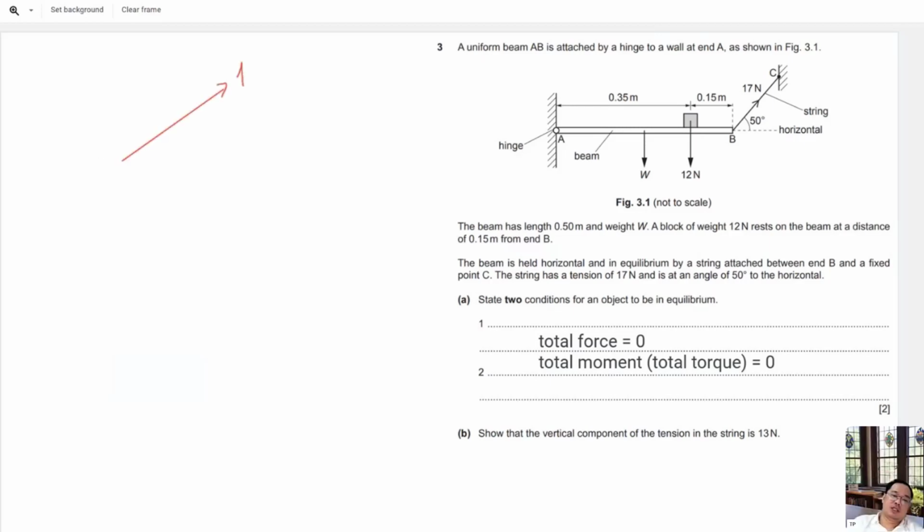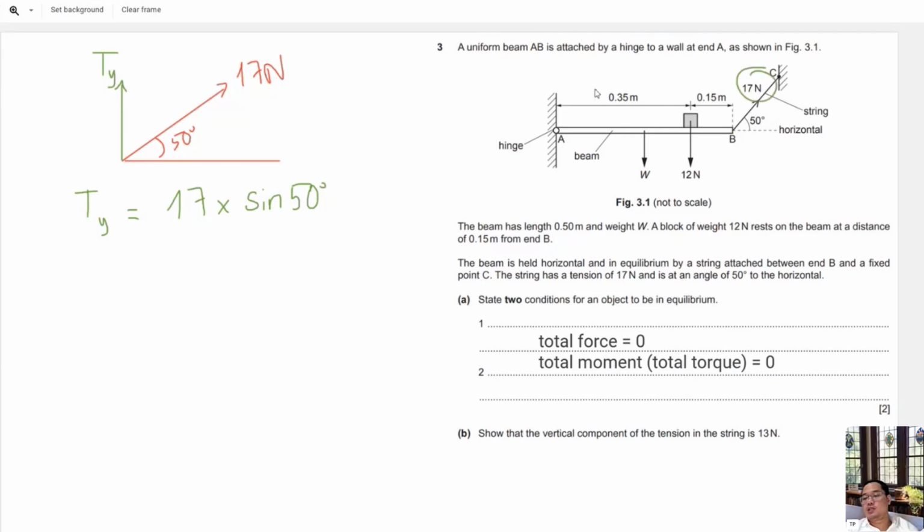The tension is 17 Newton, the angle is 50 degrees, and the question asks for the vertical component of the tension. Let's call that Ty. So Ty is simply 17 Newton multiplied by sine of 50 degrees.